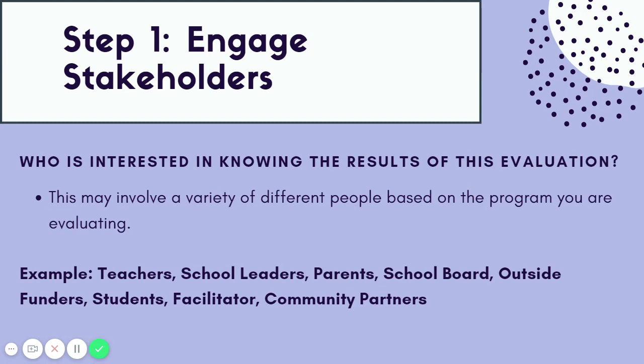The facilitator of the group, in this case, we're imagining that it's us as the social worker. And lastly, community partners. So if there's any community partners in the school that maybe work with these particular students, they would be important to include as well. So step 1, engage stakeholders. Who wants and who needs the results of this evaluation?